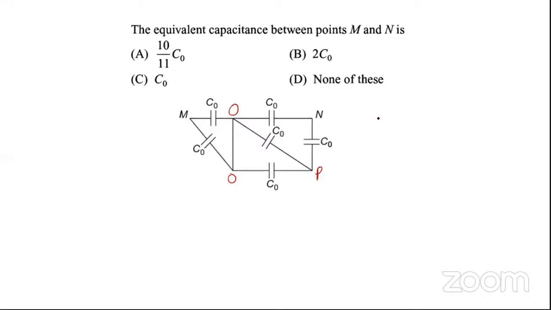Now we try to open the circuit into a simpler form. M has a capacitance with O and another capacitance with O. Now O has a capacitance with N and a capacitor with P, and P has a capacitor with N. Alright, have I missed something?